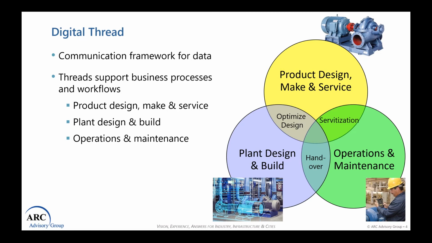So this is the OEM that makes the equipment that's used in the plant. And the digital thread, for the most part, is a communication framework for the data. And the main purpose of this is to support business processes.